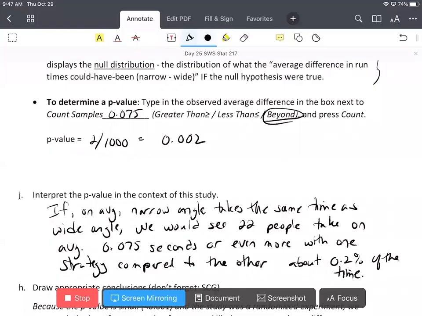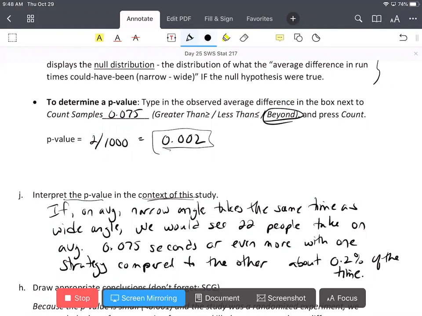So I went back to my hypotheses and used a lot of the same words: the narrow angle takes the same time as the wide angle. Remember, we always want to interpret the p-value in the context of the study, not just say the p-value is, because we've already done that. We've said the p-value is a very small number.